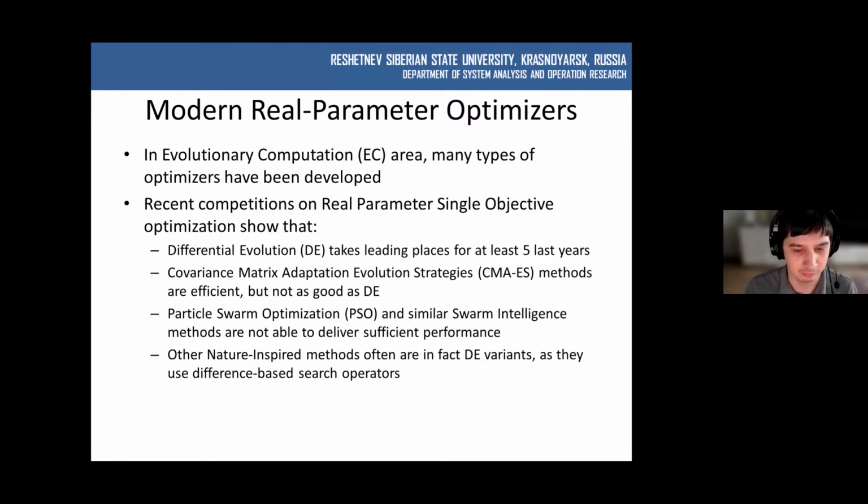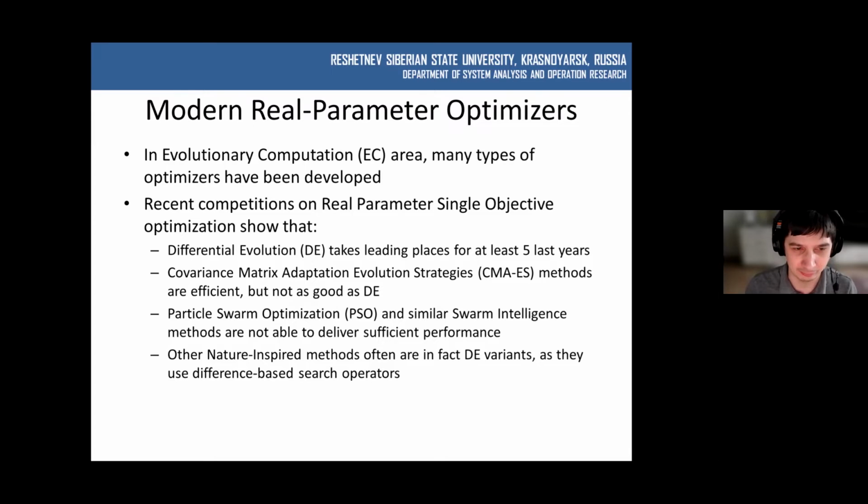Of course, there are many methods which can solve this type of problems. And in the area of evolutionary computation, which is the one that is interesting for me, there are also quite a lot of methods, maybe even thousands of methods. However, not all of them are perfect, if we can say that.